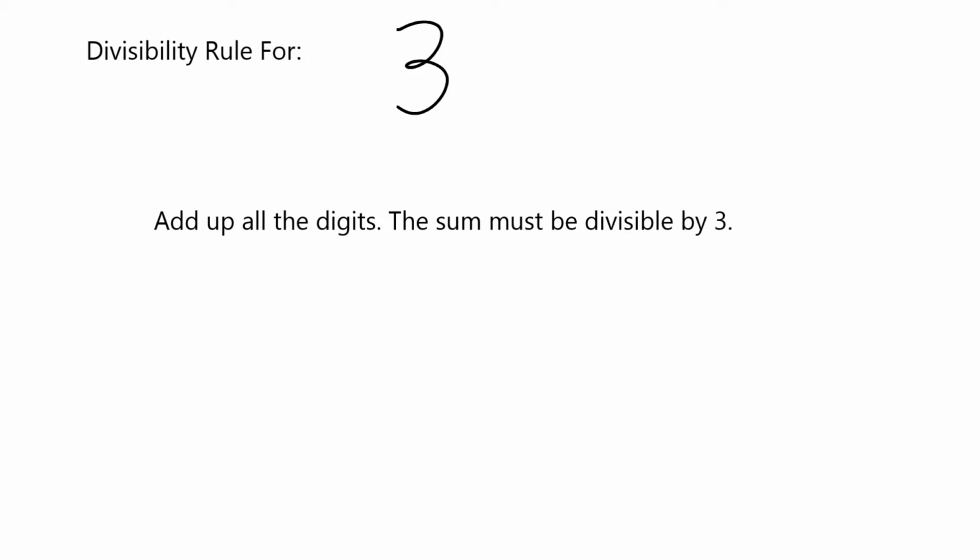The rule for 3 is kind of interesting. To determine if a number is divisible by 3, you must add up all the digits. If that sum is divisible by 3, then so is the number. For example, 27. If you add the 2 digits, you get 9.